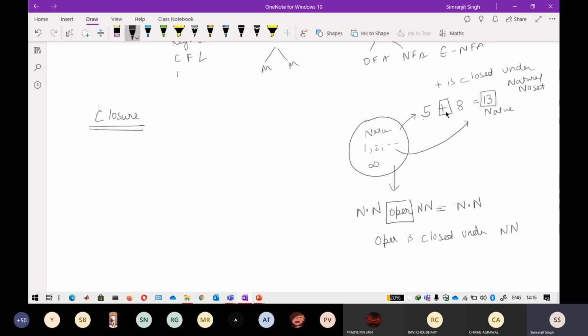This is a specific property. For example, if you take any two natural numbers and apply a plus operator between them, you will always get a natural number. You can directly say that plus is closed under the natural number set. Okay, so that is the closure property here.